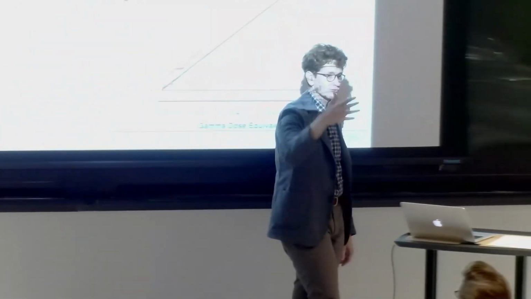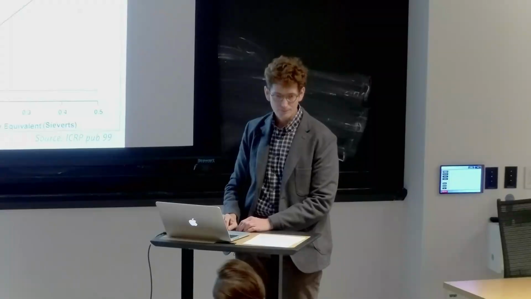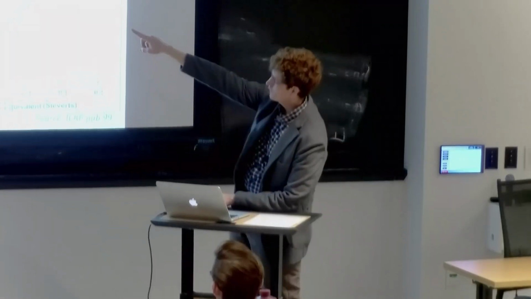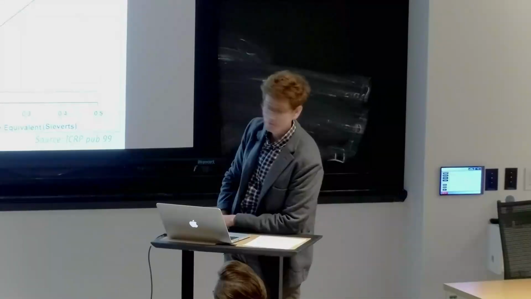How much cancer you're going to get for a certain dose. So the ICRP recommends 0.53. But if you read the slope of that chart, it's actually 0.64. And if you really limit yourself to the low dose regime, you would actually read about 1 per sievert, excess relative risk of 1 per sievert.